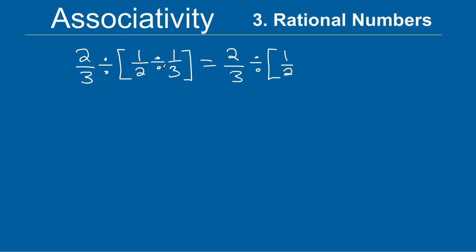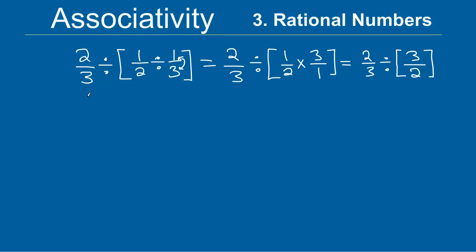We will flip the division sign into multiplication, and when we do that we have to switch the numerator and the denominator. So this will become 3 by 1. So we have 2 by 3 divided by, here now let's multiply these: 1 times 3 is 3 divided by 2 times 1, which is 2.